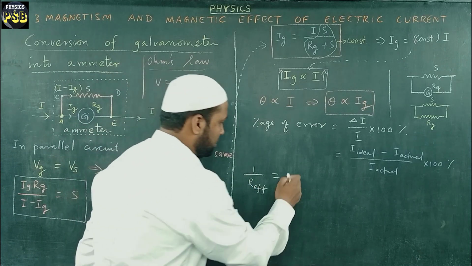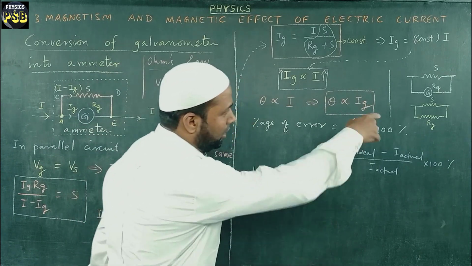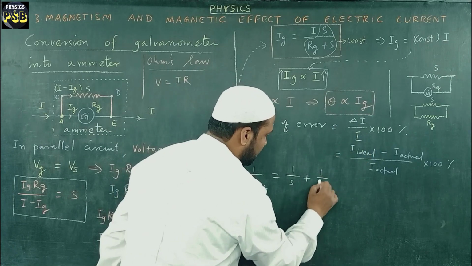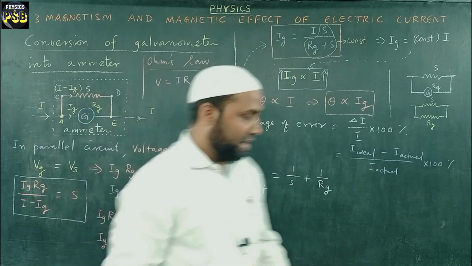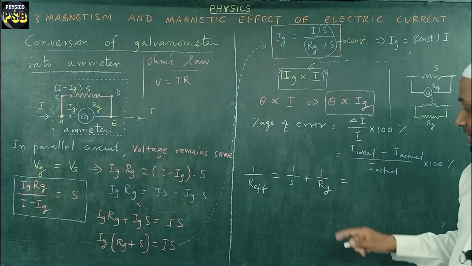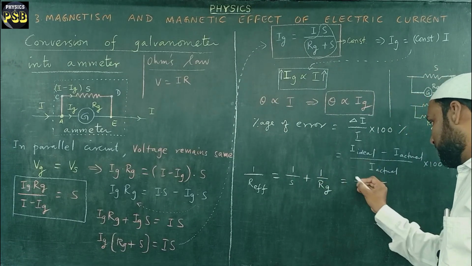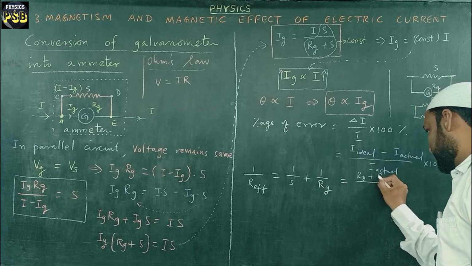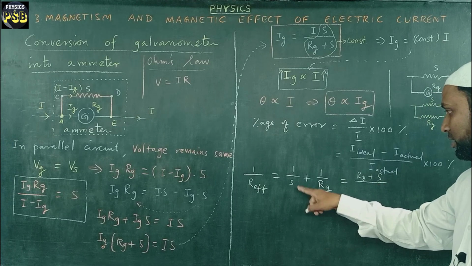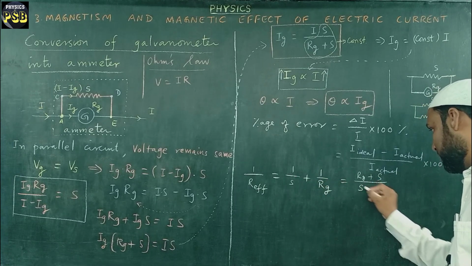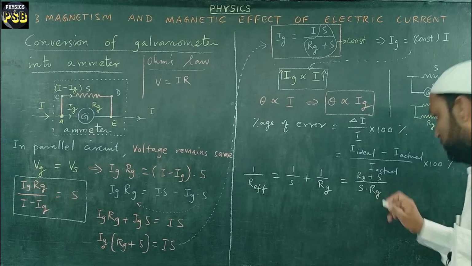Reciprocal of effective resistance equal to 1 upon S added with 1 upon Rg. Then this can be obtained by taking LCM. Okay, for that we cross multiply. That's Rg plus S divided by the product of these two. S is multiplied with Rg is what we get.